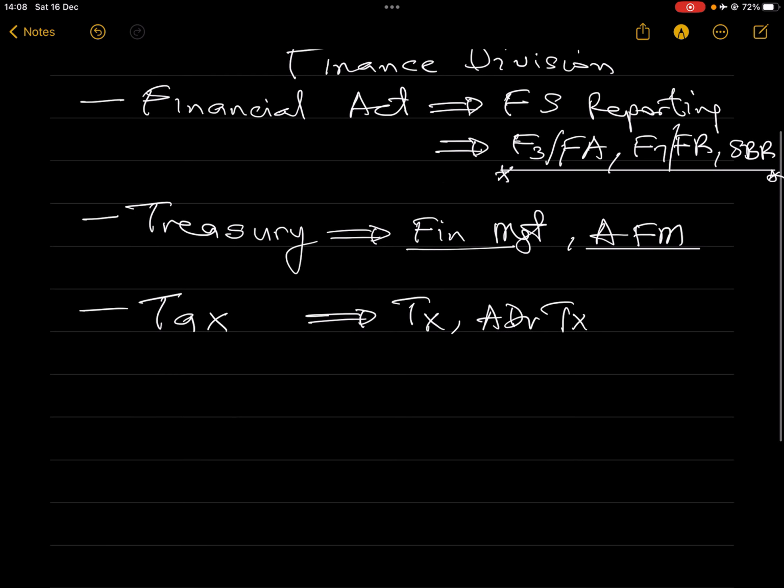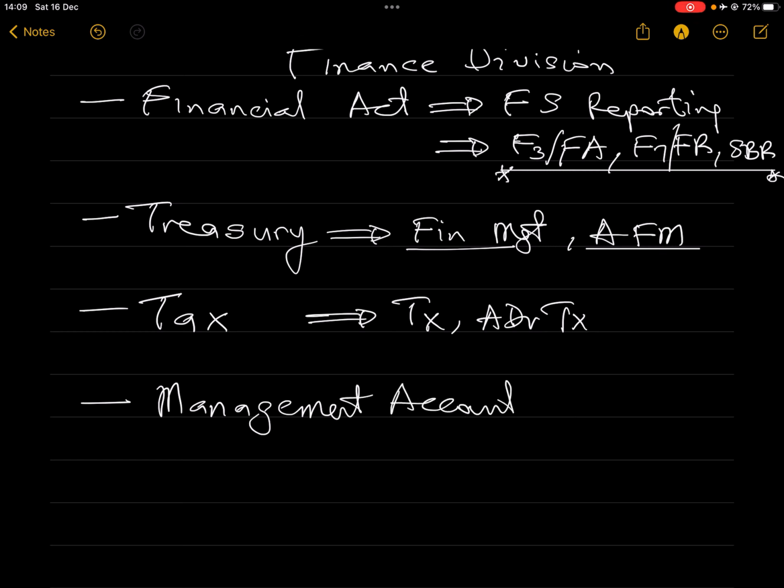The last one I want to talk about now is the management accountant. What do these guys do? They are involved with cost management. Some organizations call them cost controllers, and some call them financial planning and analysis, FP&A.